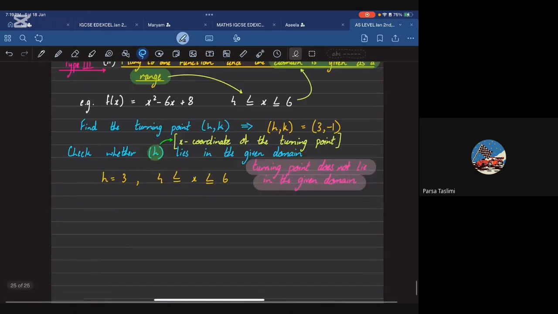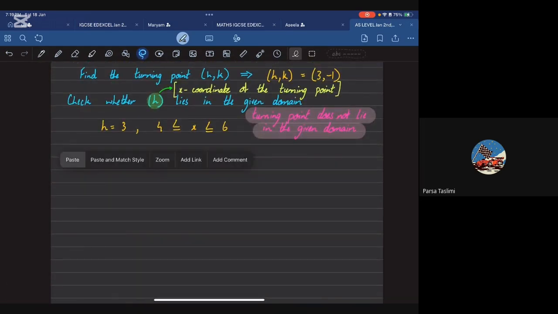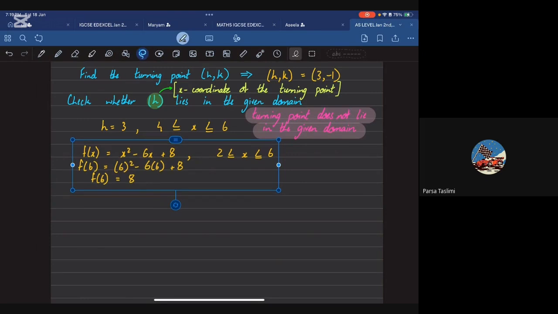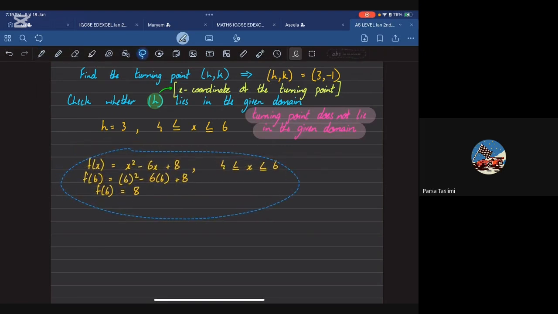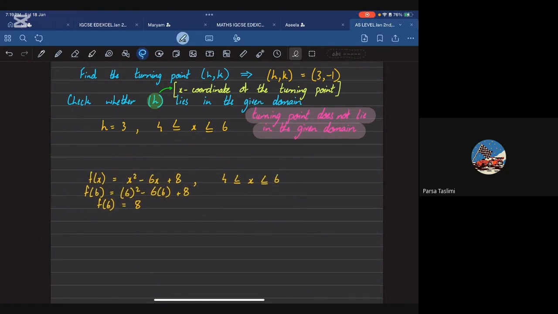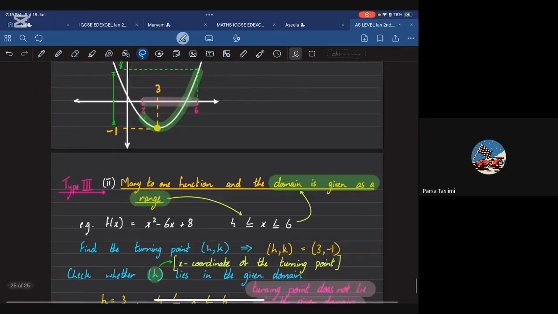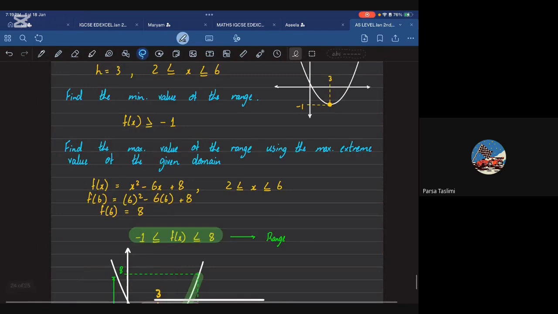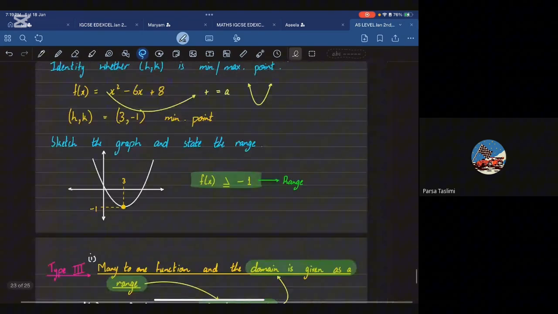I'm just going to put in my values again. My domain was 4 and 6, and I just need to put my extreme values into my function again.